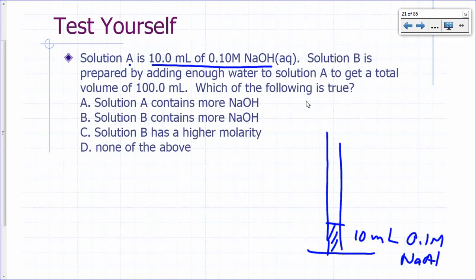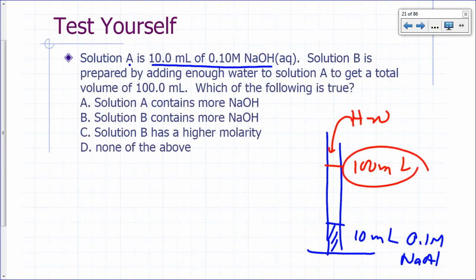And to that, you prepare solution B by adding enough water to bring it to 100 mL to get solution B. Which of the following is true? Solution A contains more sodium hydroxide. Solution B contains more sodium hydroxide. Solution B has a higher molarity, or none of the above.